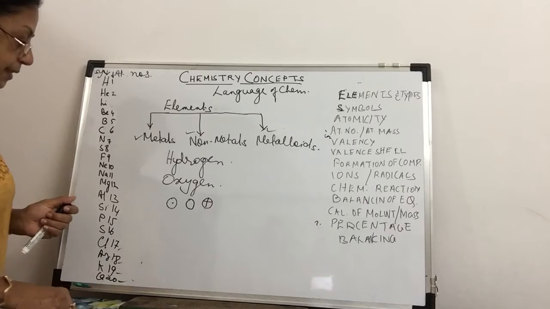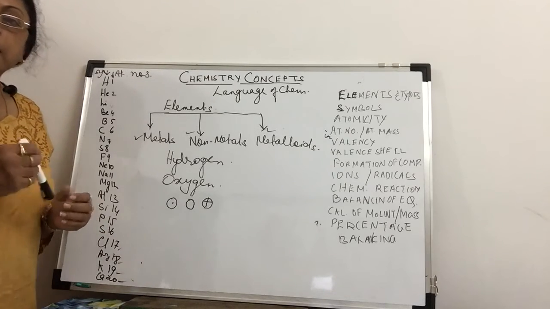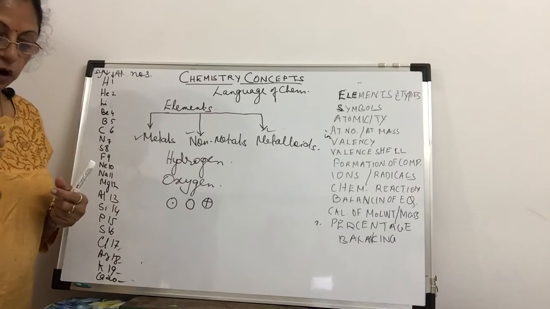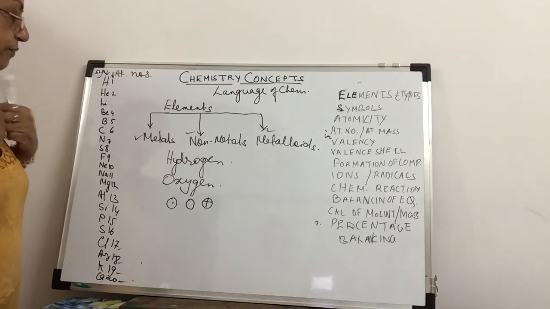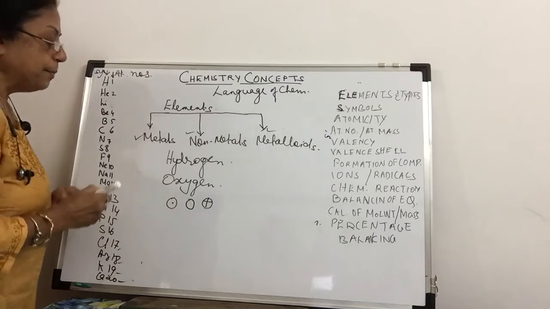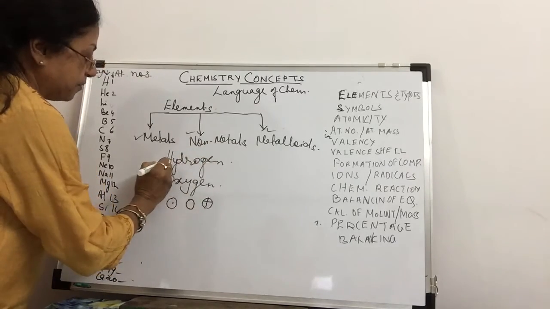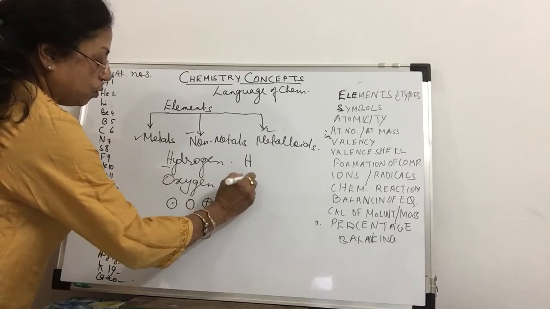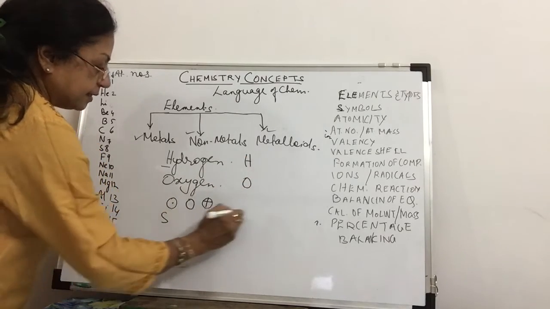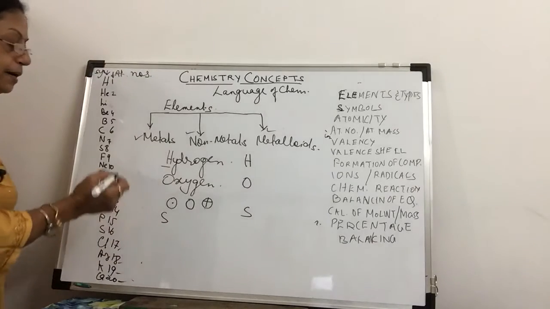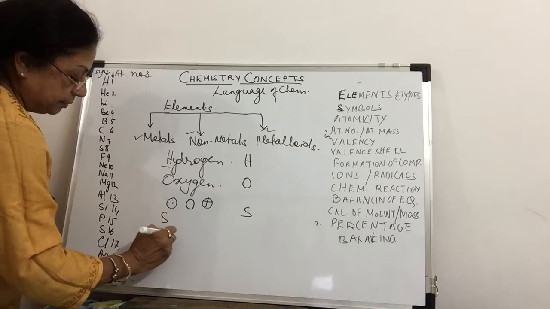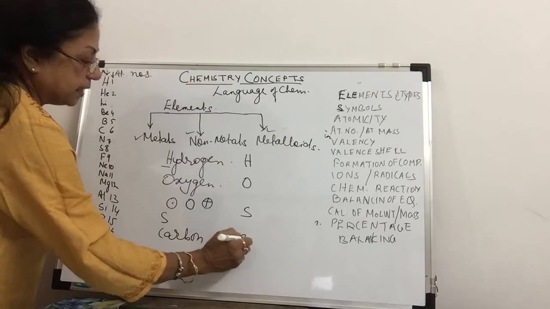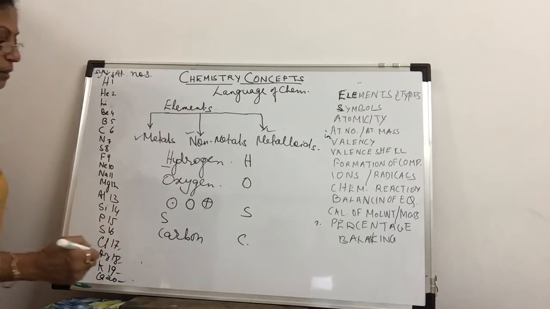The short forms were given in the form of the first letter of the word. For hydrogen, H. For oxygen, O. For sulfur, S. For carbon, C. In this way, elements were given names.